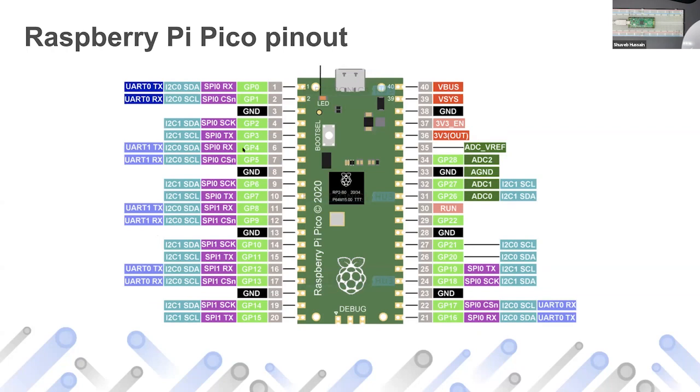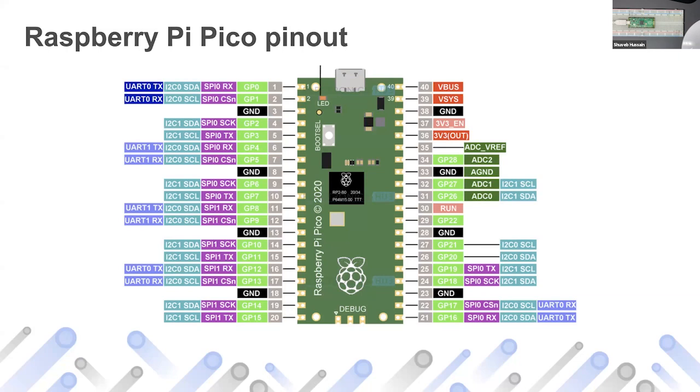For example, pins 4, 5, and 7 can be general purpose input output, or a serial port, or an I2C port, or a UART. I'll explain what those are. Like most microcontrollers, the Raspberry Pi Pico has multiple uses per pin, so that you can use it in many different applications.